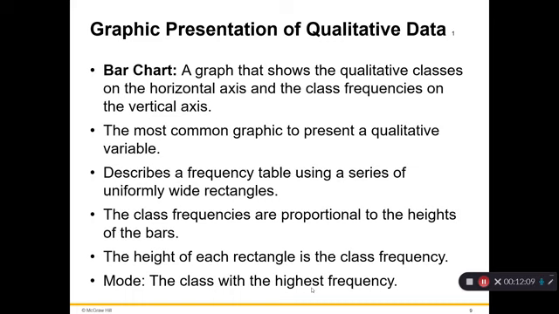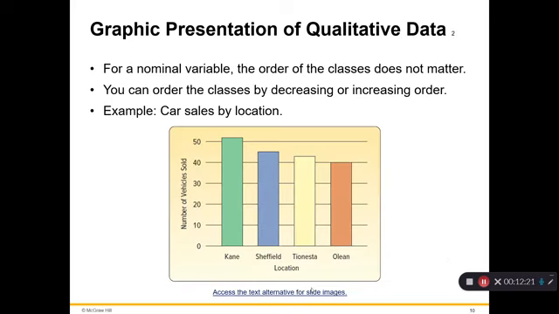The chart helps to identify the mode, or the class with the highest frequency. In this case, Kane has the highest frequency, so that's the mode in this data set.